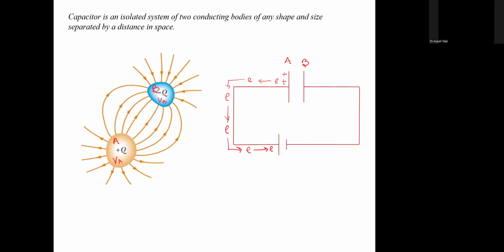Since electrons are pulled from this plate by the positive terminal of the battery, this plate will acquire a positive charge.